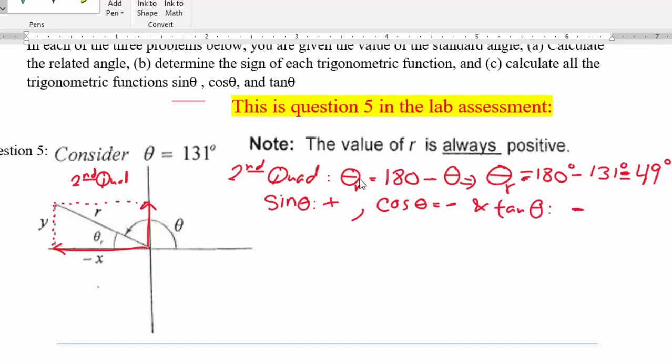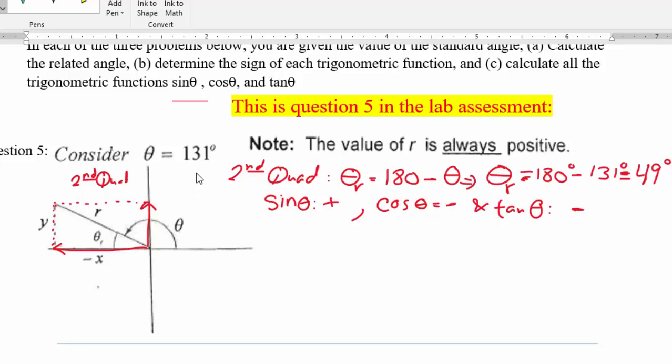Why? Because cosine theta is the adjacent over the hypotenuse, and the adjacent is the x component divided by r. X is negative, and negative divided by positive will give you negative. And the tangent is the opposite over the adjacent. The opposite is positive, which is the y, but the adjacent is negative, so positive over negative will give you negative.